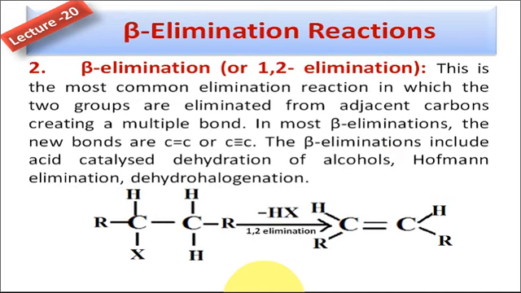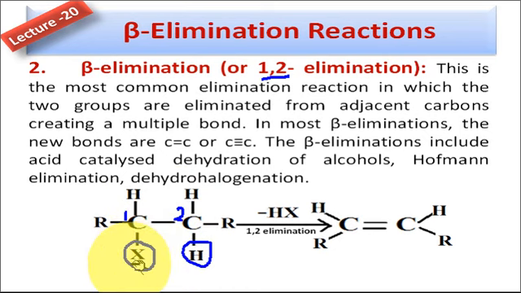The second kind of elimination reaction is the beta elimination or the 1,2 elimination reaction. These are the most common elimination reactions, in which two atoms or groups are eliminated from adjacent carbon atoms. For example, this is the first carbon atom, consider, and this is the second carbon atom.